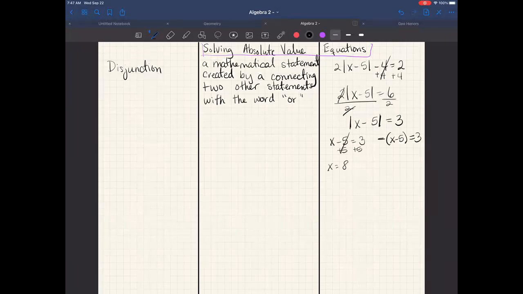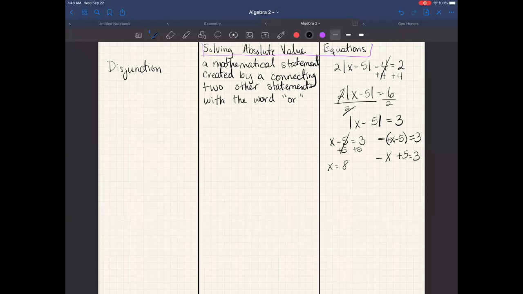And then I have to, remember, take all my signs and basically flip them. So positive and a negative gives me a negative. Negative and a negative gives me a positive. Then I can just write my x and my 5 equals 3.